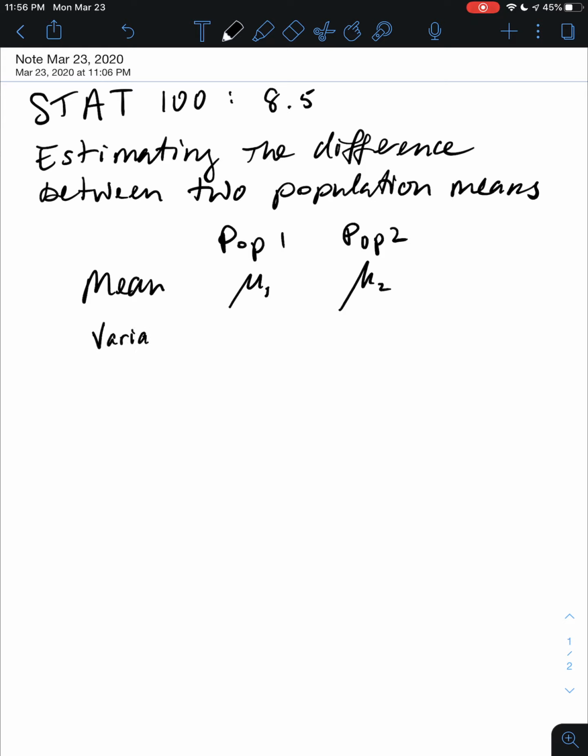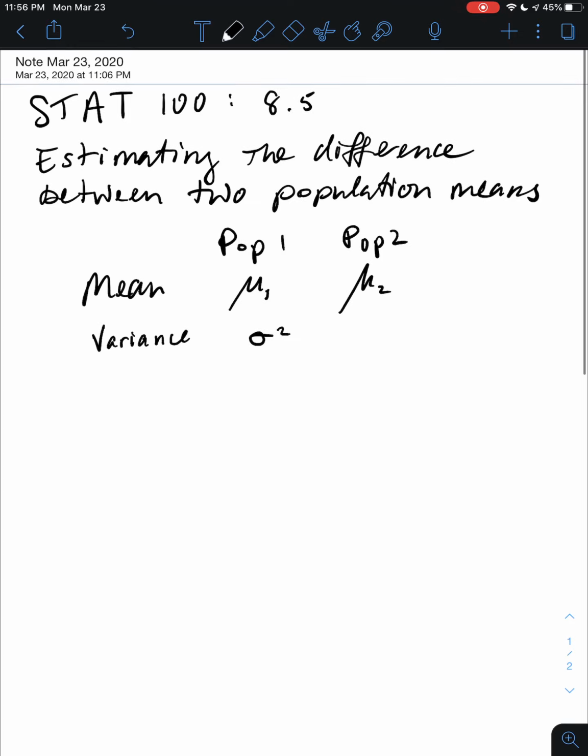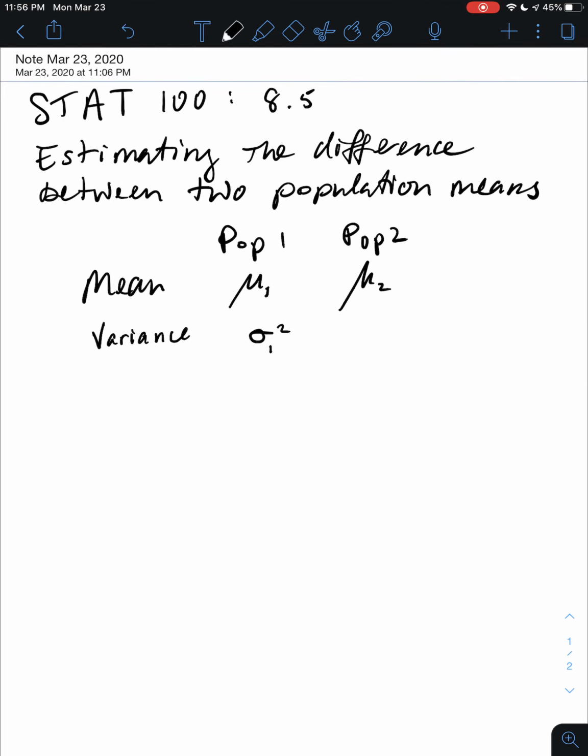As usual, the variance is represented with the symbol sigma squared. And again, we decorate the variance with a subscript to indicate which population it belongs to. Sigma squared sub 1 for population 1, sigma squared sub 2 for population 2.